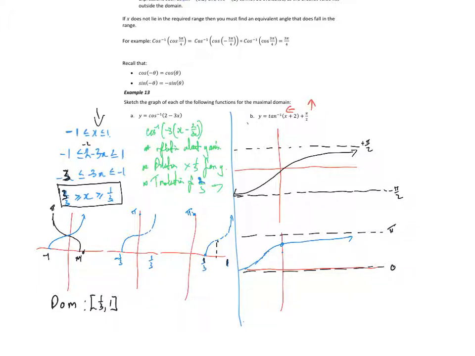Does it say anything about having to find? We don't have to find intercepts. So the domain is still going to be R, but the range in this case will be 0 to pi. I guess the y-intercept, put x equal to 0. So the y-intercept will simply be tan inverse of 2 plus pi on 2, whatever that comes to.